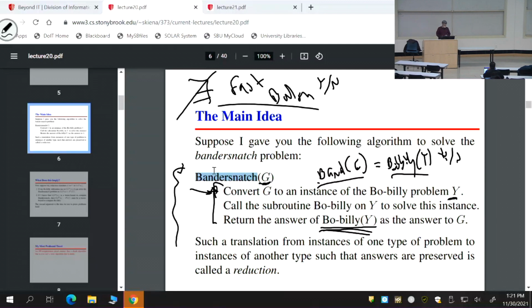If there is no fast way of solving Bandersnatch, and this algorithm using Bobilli would be fast if Bobilli was fast, therefore Bobilli can't be fast. And Bobilli is as hard a problem as Bandersnatch is. That is the main way we're going to use it in here. This is the reduction. This is the reasoning that we're doing. Any questions about that reasoning?